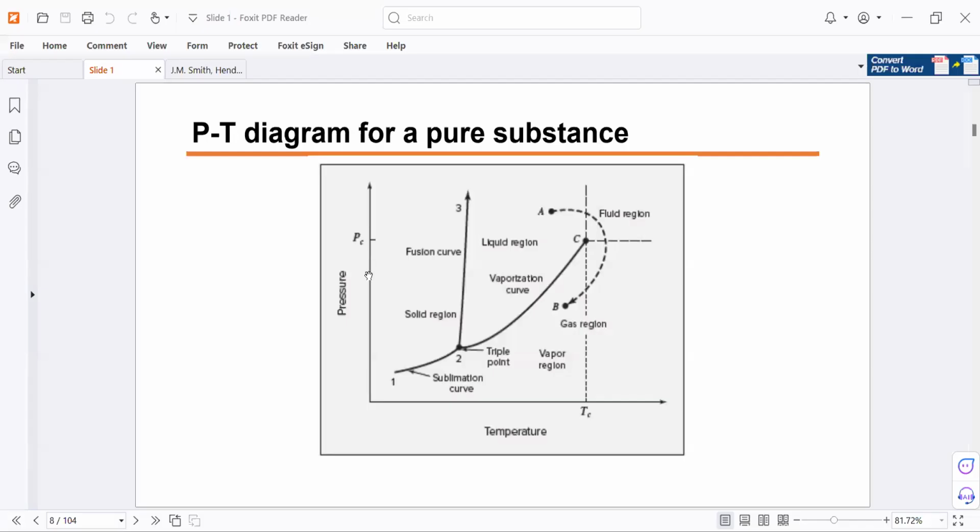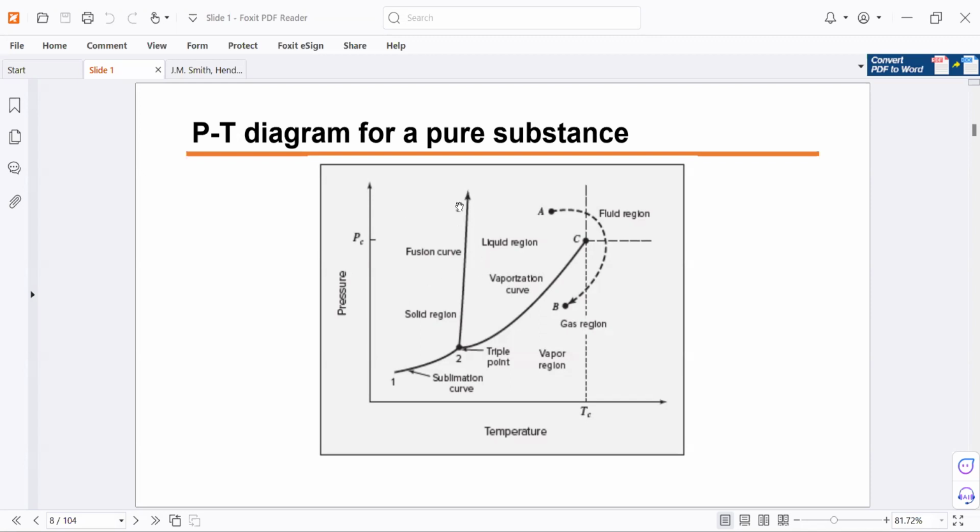Another thing that I want to highlight on the PT diagram is that when you cross between two phases, you can trace the steps. For example, at constant pressure, to cross from the solid to liquid region, you can increase the temperature.